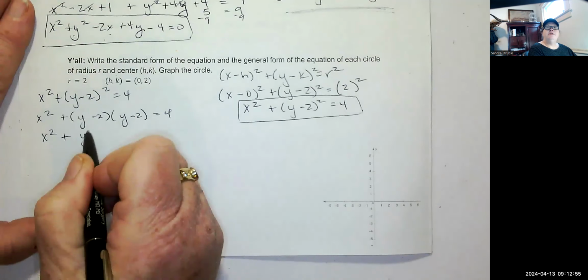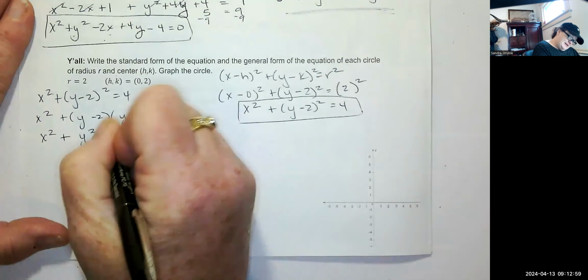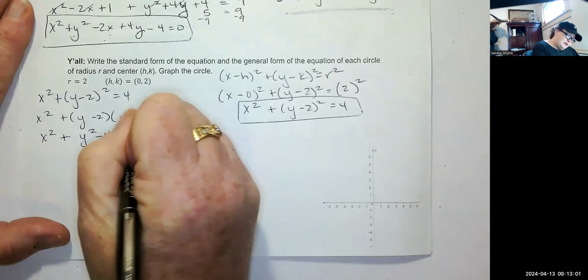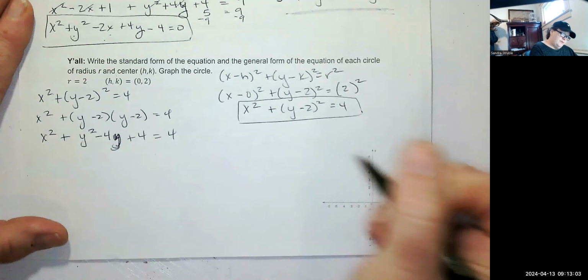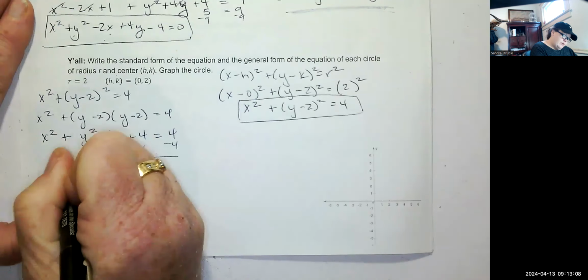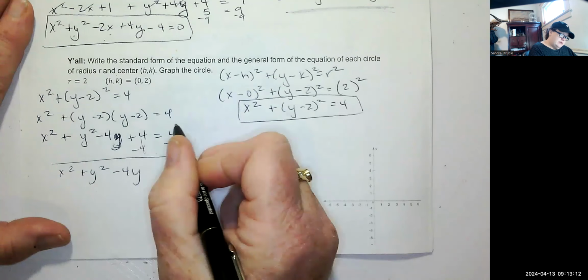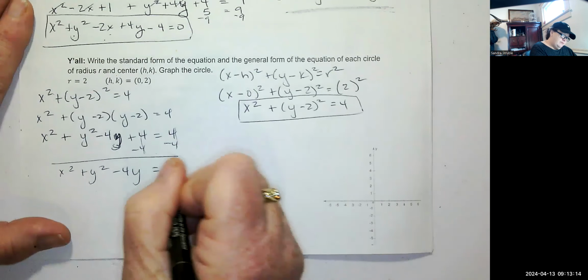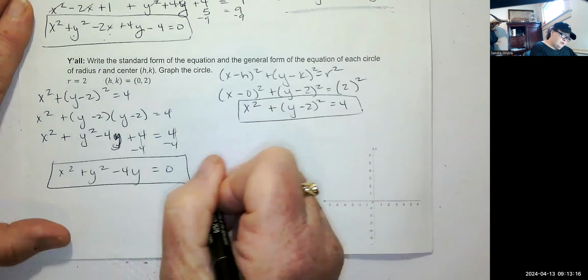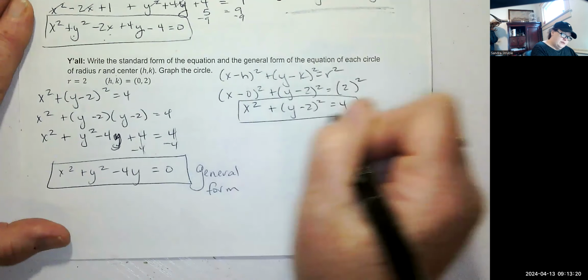So x squared plus y squared minus 4y, habit of that, plus 4 is equal to 4. All right, I'm going to subtract 4 from both sides. So I get x squared plus y squared minus 4y. And that's it, is equal to 0. So there is my general form. And this is my standard form.